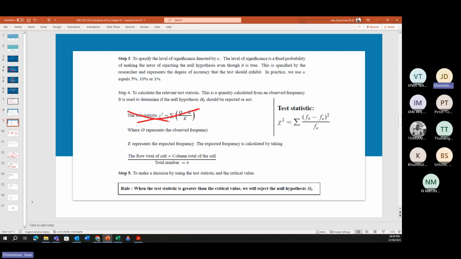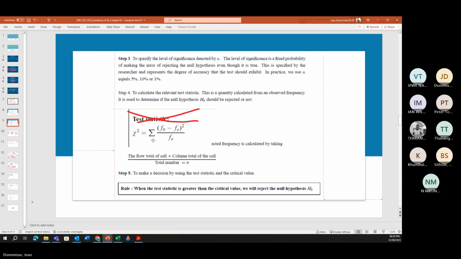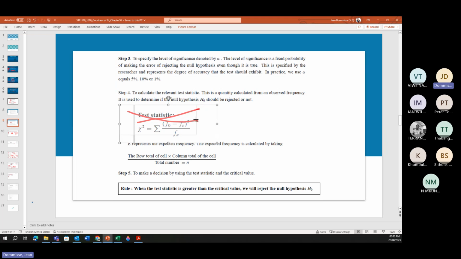That is wrong. That is the T statistic that we need to use. So I'm just going to quickly paste it over that.